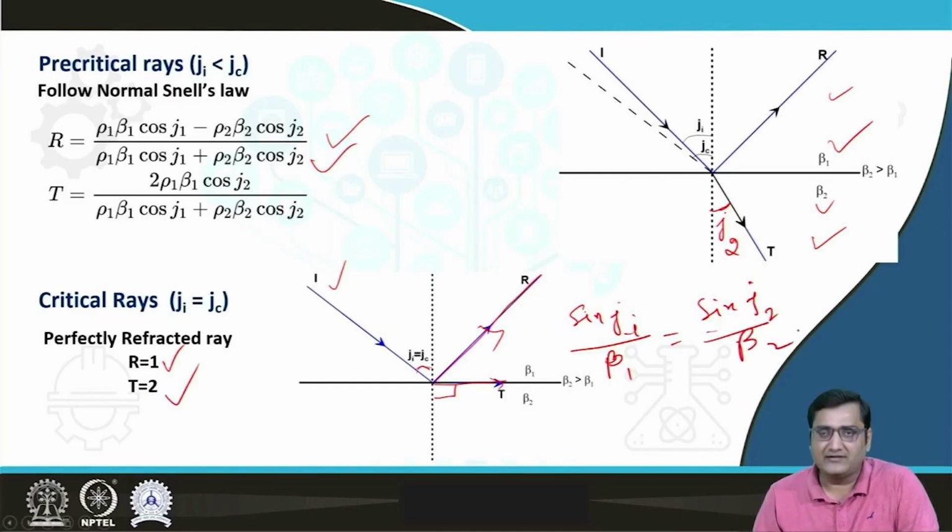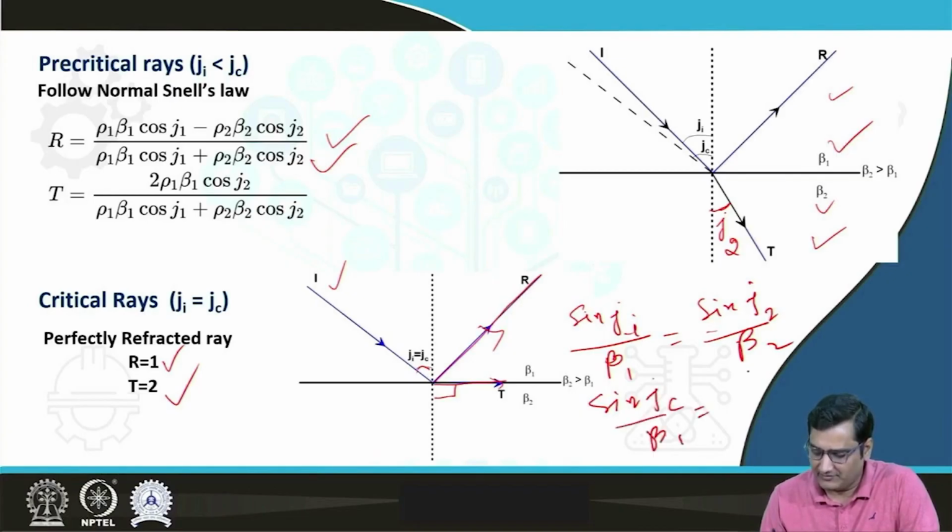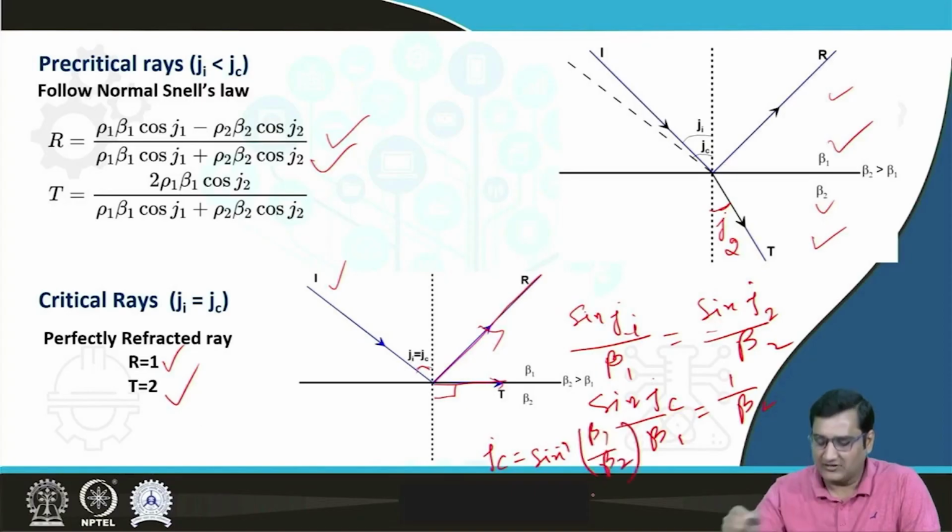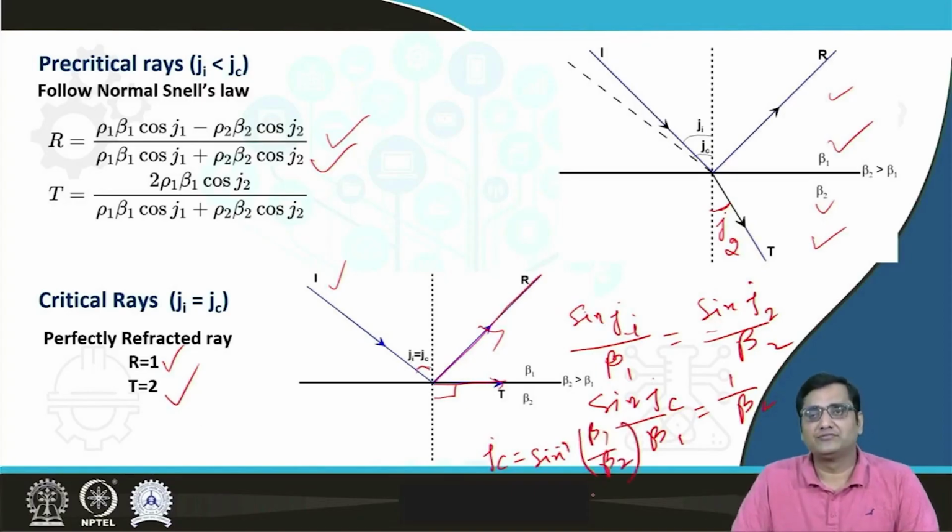As I said, the incident angle is equal to the critical angle, so ji will become jc: sine of jc by beta 1 will be equal to sine of j2 by beta 2. j2 is 90 degrees, so sine j2 will become 1, giving 1 by beta 2. In that case, jc will be equal to sine inverse of beta 1 by beta 2. That is how you can find the critical angle between two media.